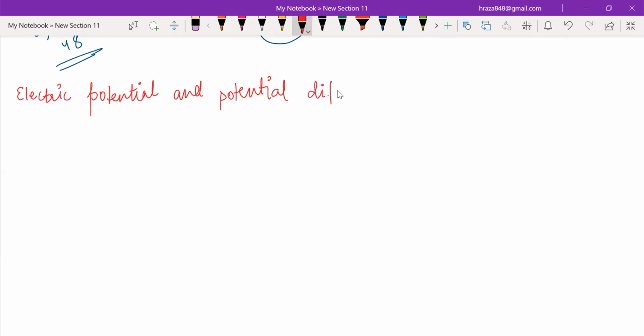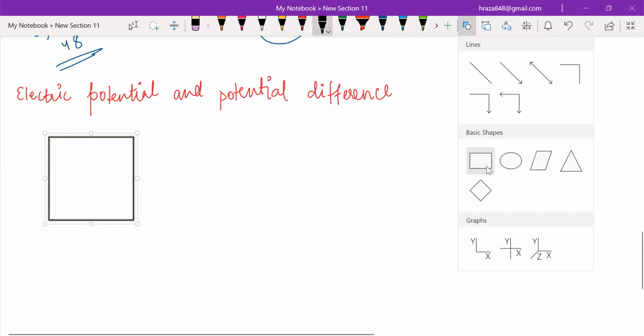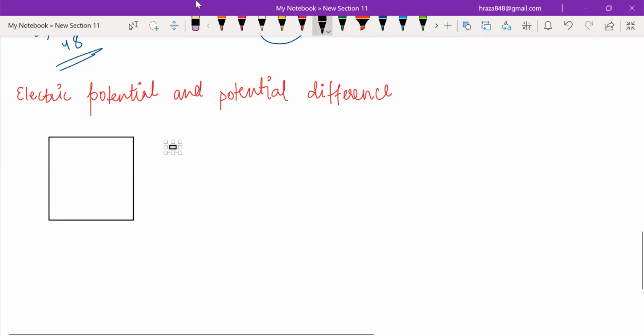Okay, electric potential and potential difference. Now I'm going to ask you a very simple question. You have two containers or water tanks that are basically the same width, length, and everything. Let's suppose that they are the same.